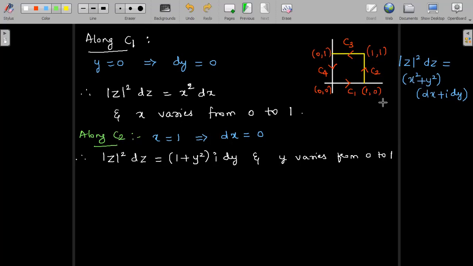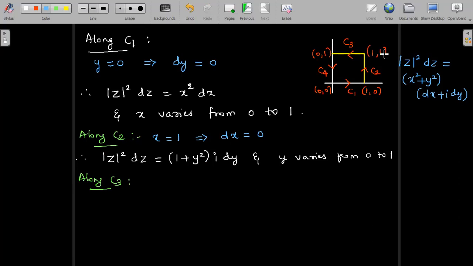Okay. Now coming on to the third one, along C3. Along the curve C3, we will observe the equation of the line C3 now. Observe that here x is varying from 1 to 0. The arrow mark is also very important. We are traversing from O, P, Q, R back to O. So we are traversing actually from 1,1 to 0,1. 1,1 to 0,1 we are traversing.